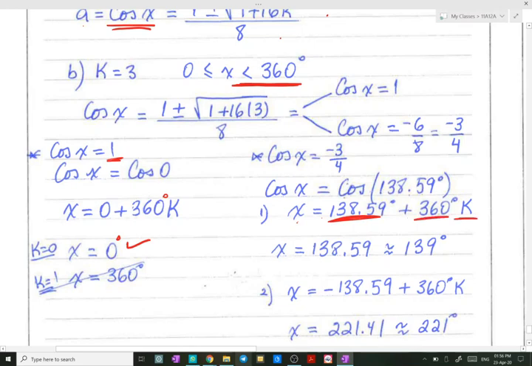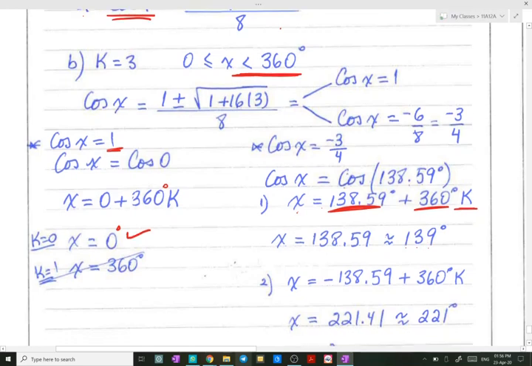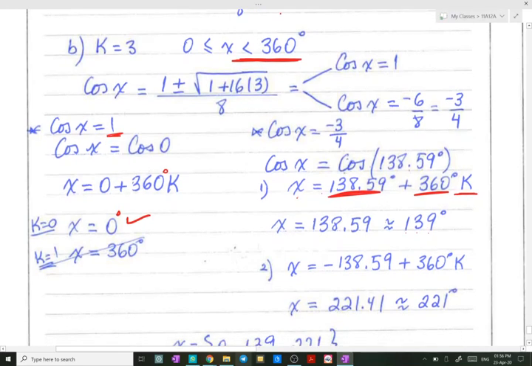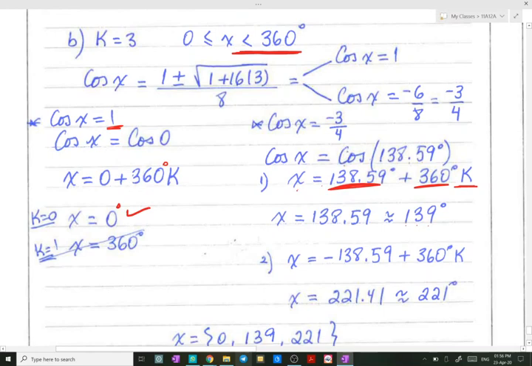So when k is 0, we will get angle x to be 139 degrees. If we take k to be 1, then we are exceeding the interval. We are finding an angle which is more than 360.